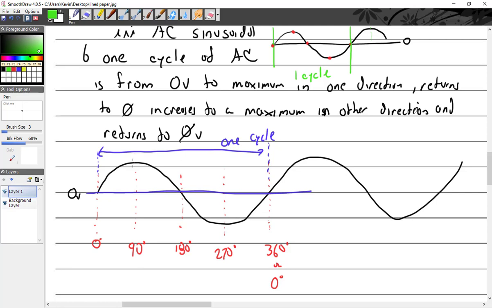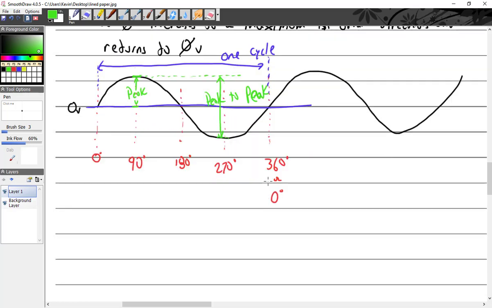All right, from this line to this, that's called the peak. And from here to here is peak to peak. So I'm going to move this down a little bit. We had 0 volts at 0 degrees.